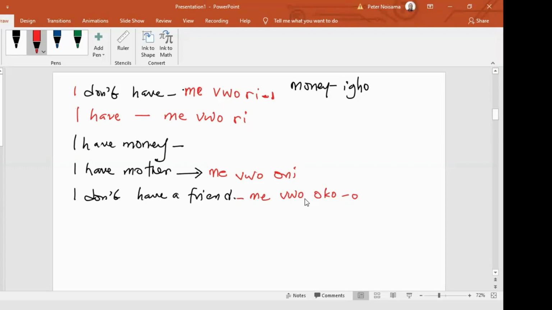How would you show that it's a negative when you're writing it? How do you differentiate the positive from the negative when you're writing it?